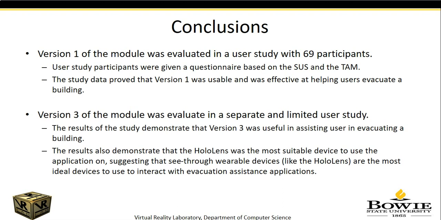The user study for version 1 revealed that version 1 was usable and was effective at helping users evacuate a building. Version 3 of the module was also evaluated in a user study, which was limited in scope. The results of that study demonstrate that version 3 was useful in assisting users in evacuating a building.